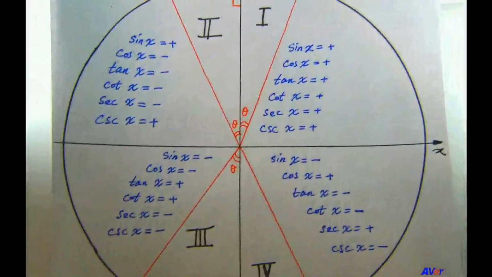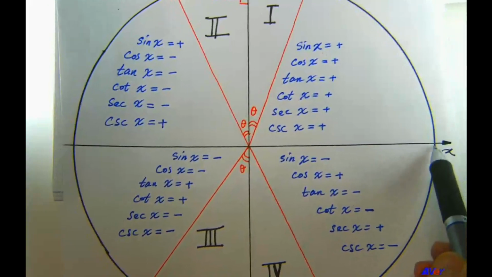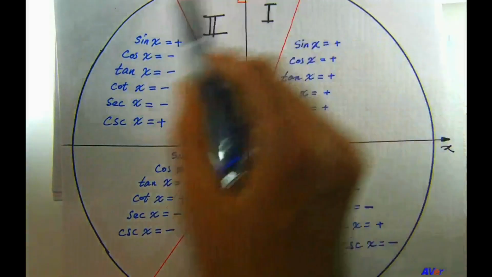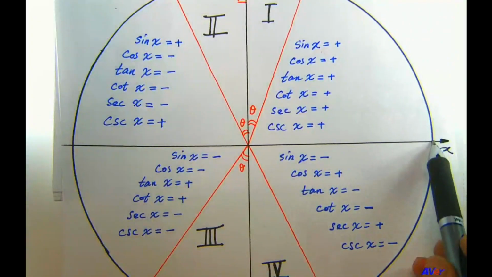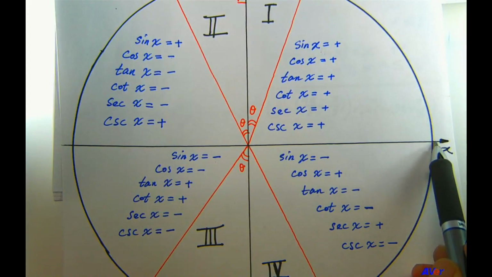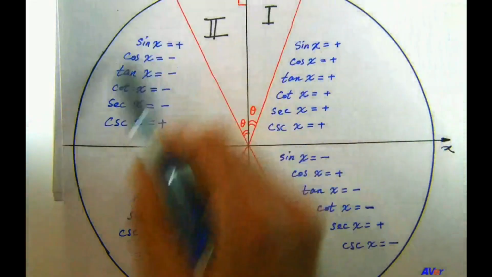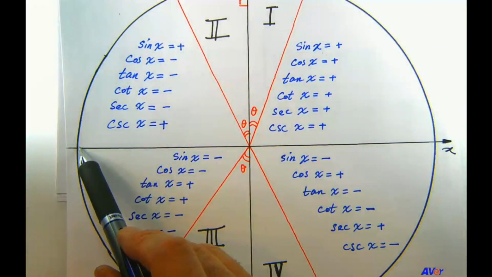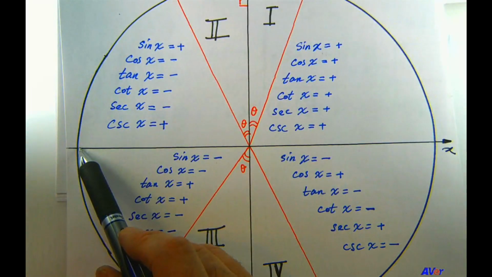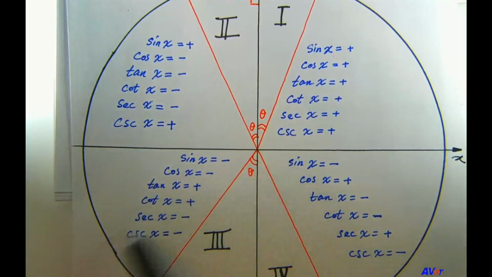So where is 3 pi? If we go one full revolution, if I start from here and go all the way around, that's 2 pi, going around the circle once. Then if I go one more pi, that is 3 pi, right? So I'm going to go around and end up here. That's 3 pi, plus pi over 3, which would be here.